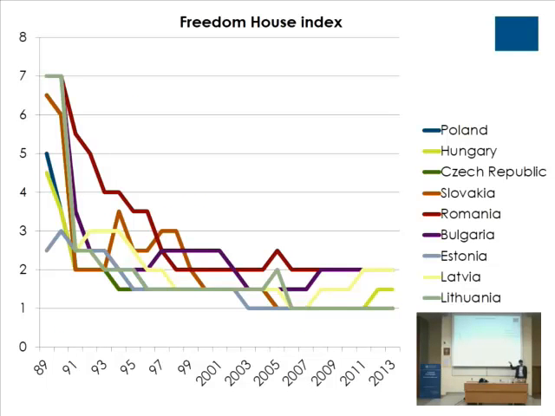In this way you can see the change, the trend over the years, for instance, with Poland or the other countries of Central and Eastern Europe: Hungary, Czech Republic, Slovakia, Romania, Bulgaria, Estonia, Latvia.